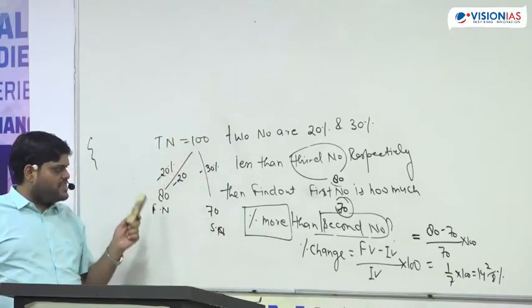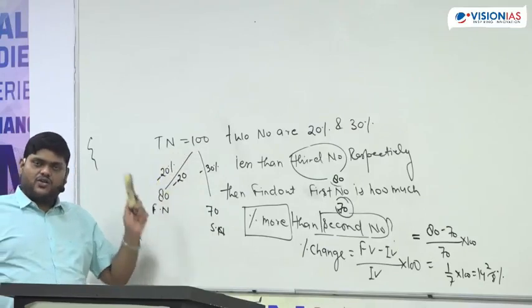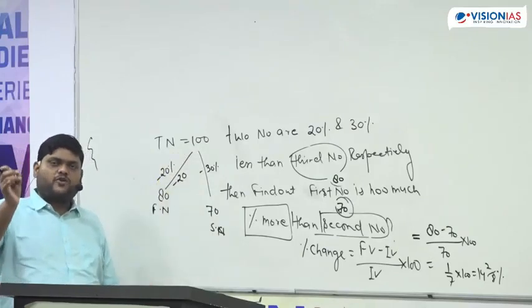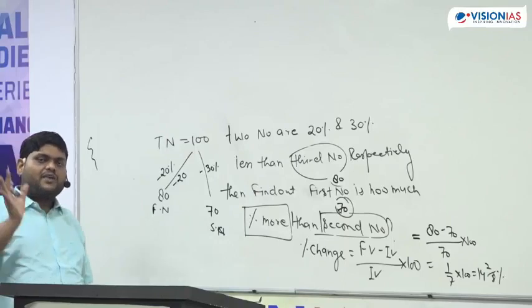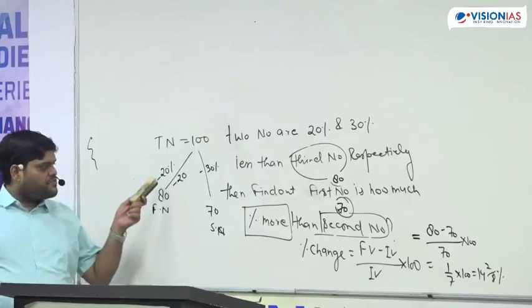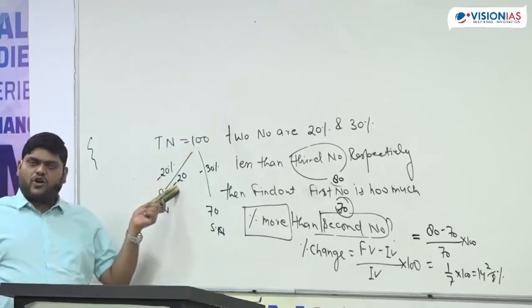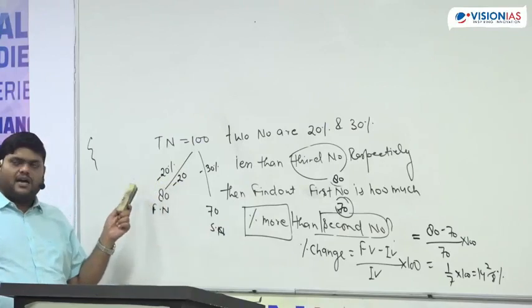The first number is 20% less, so we find 20% of that number and subtract it. 20% is 20, subtracted, it becomes 80.